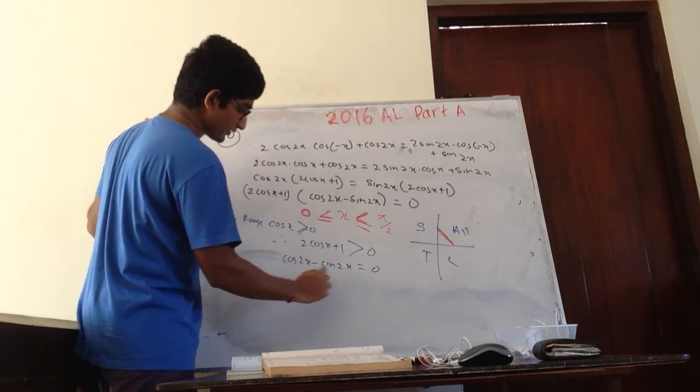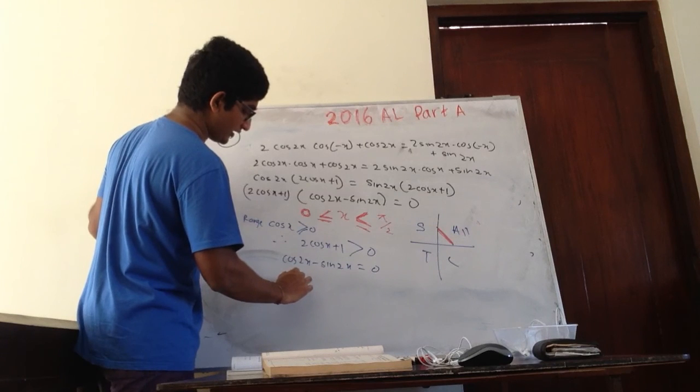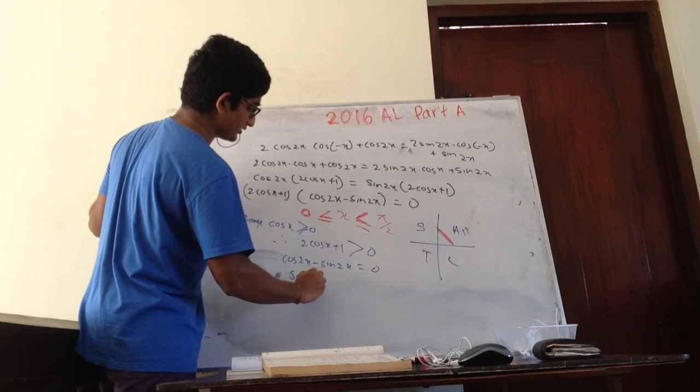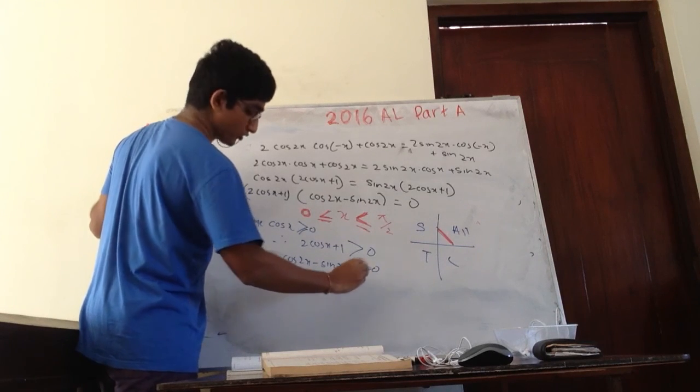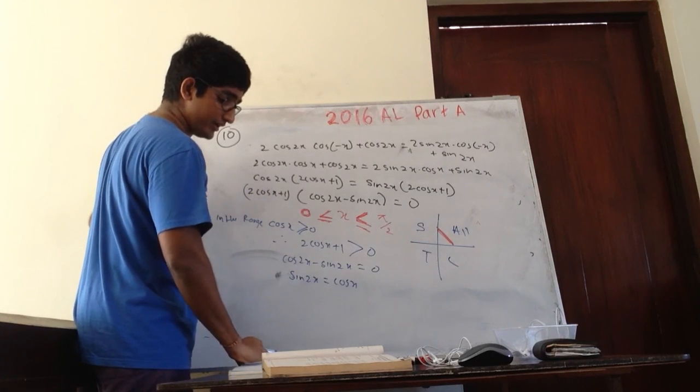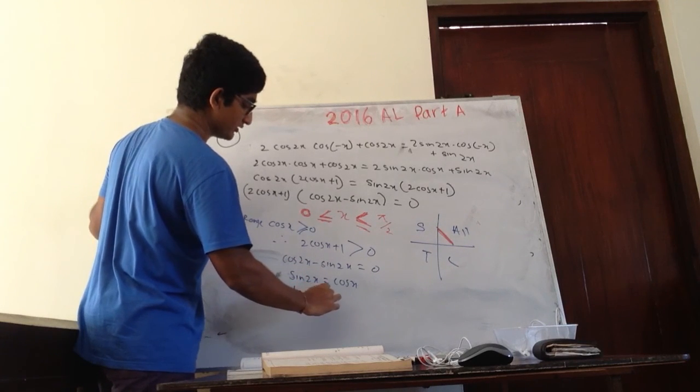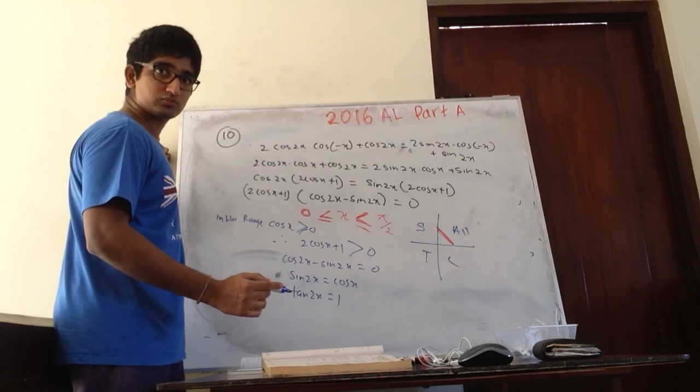That means sin 2x is equal to cos 2x, which means tan 2x will be equal to 1, correct?